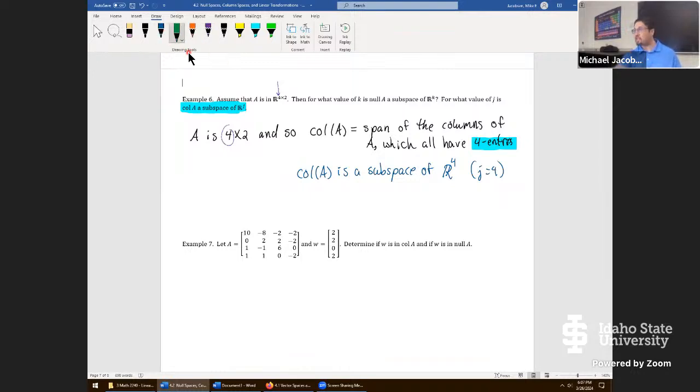So let's write that down next. Null A is a subspace of R2. In other words, K would be 2 in this problem.